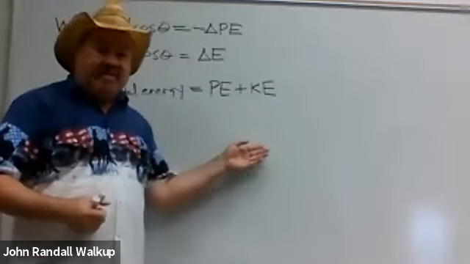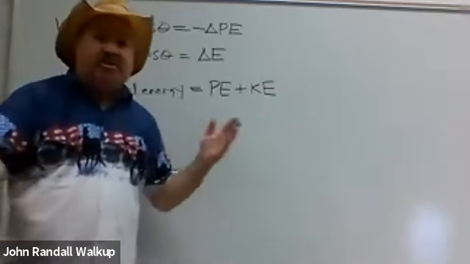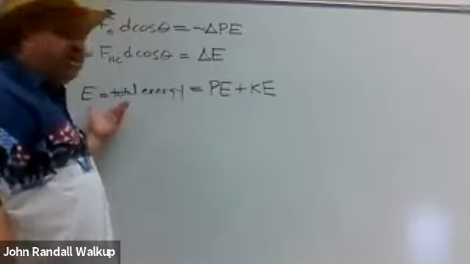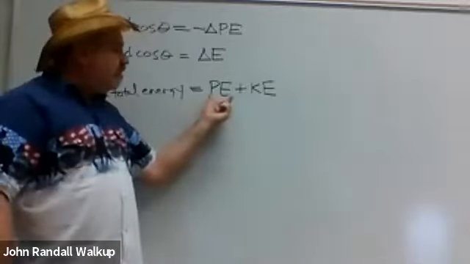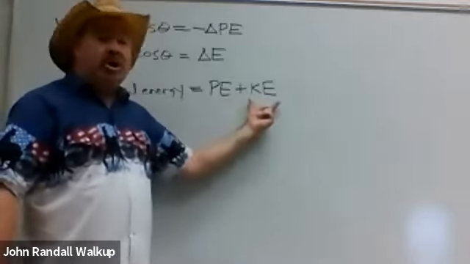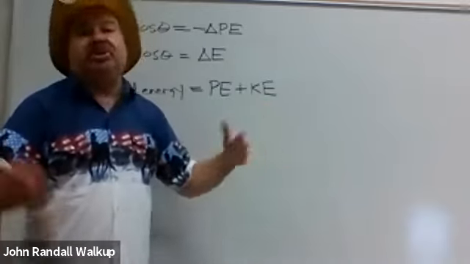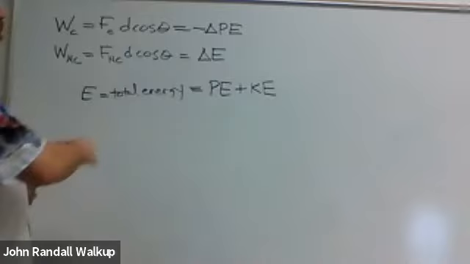The body can have potential energy, and if it's moving, it also has kinetic energy. You add those both together, and you get the total energy. Notice this is not a vector equation. And so whatever potential energy in joules you have, let's say it's 4 joules, and this was 2 joules, the total energy is 6 joules. Really easy.